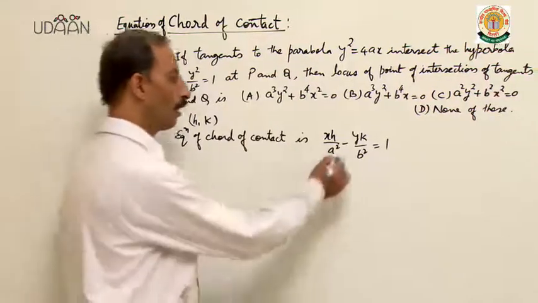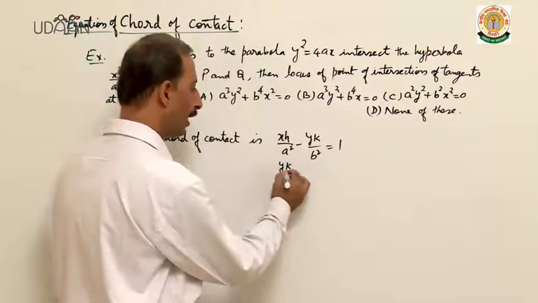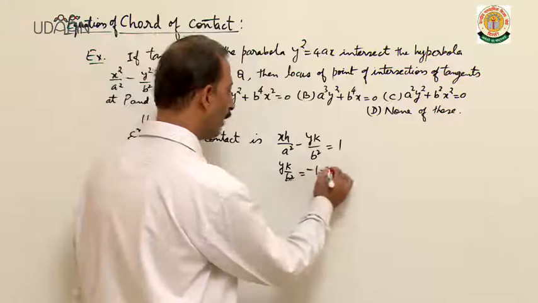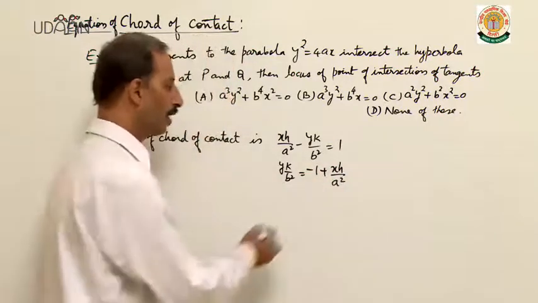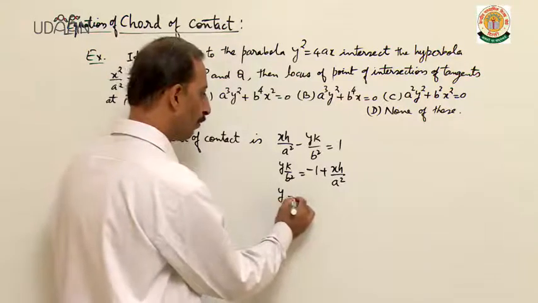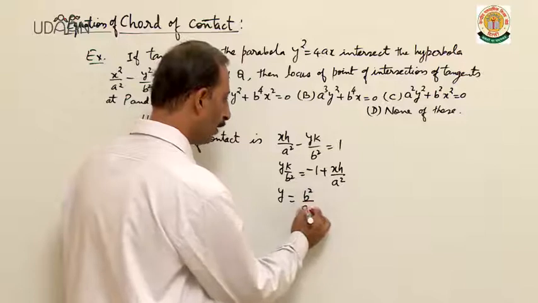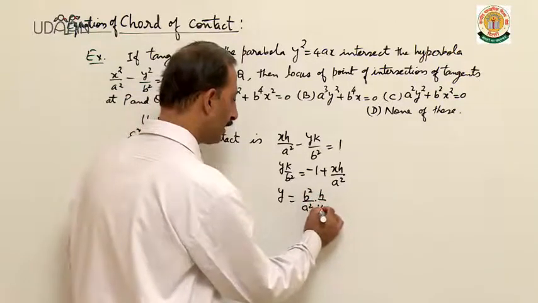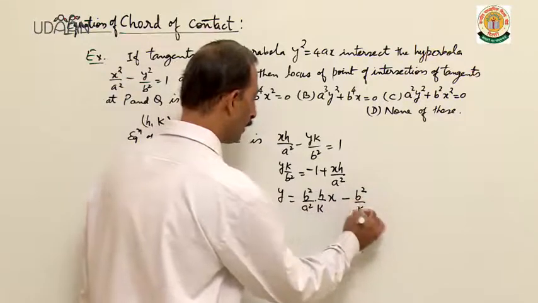So convert into standard form, you will get yk upon b square minus 1 plus xh upon a square. Simplify this, you will get y is equal to b square upon a square into h upon k times x minus b square upon k.